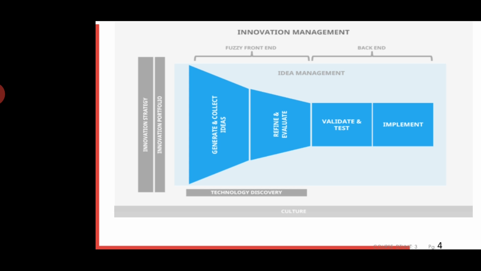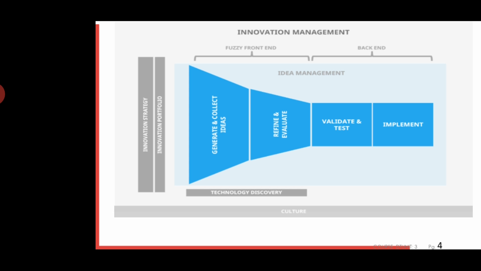First one is the fuzzy front end and the last one is the back end. Coming to the fuzzy front end in this concept of idea management, first of all we have to generate and collect ideas.